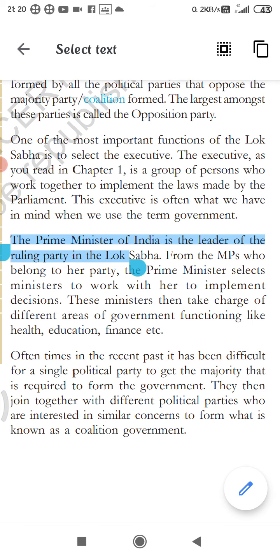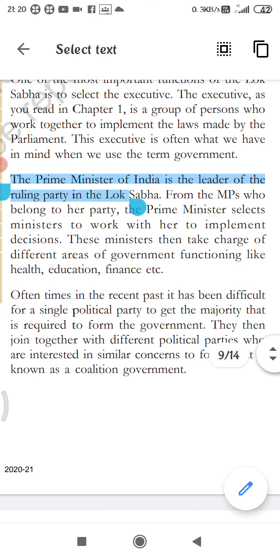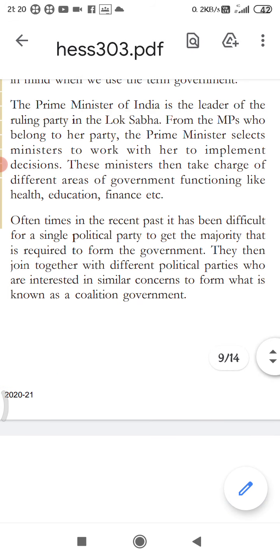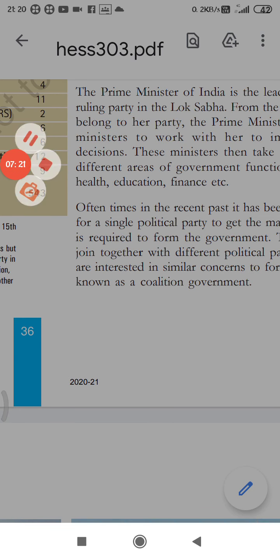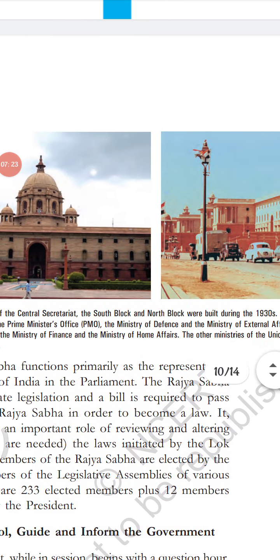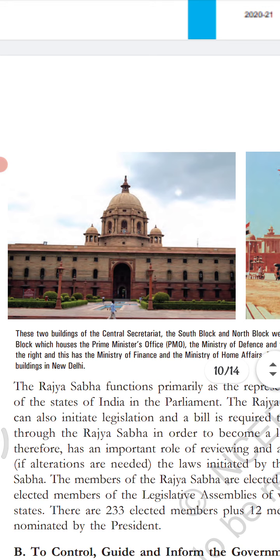So elections to the Lok Sabha are held after every 5 years. Let's move further. And one more, the work in the parliament starts with the question hour, which we discussed.